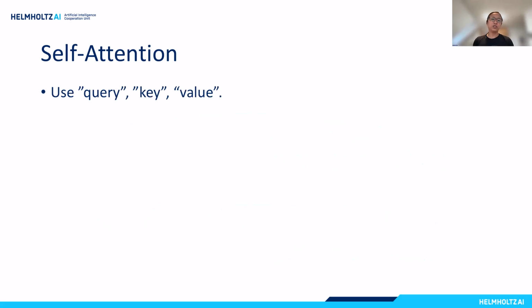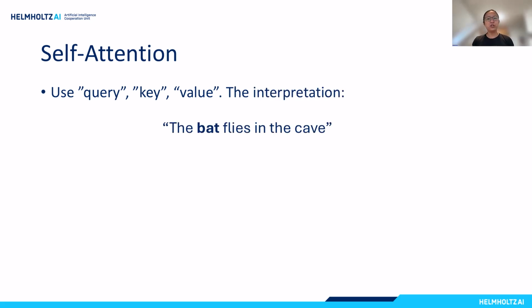In self-attention, every word in a sentence is turned into three factors: a query, a key, and a value. These are just different representations of the same word, each serving a different role. To build intuition, suppose we have the sentence, the bat flies in the cave, and we want to understand the word bat.